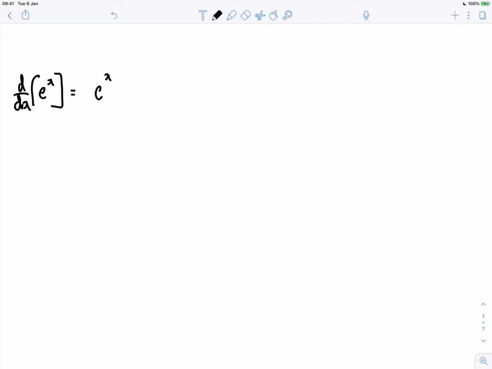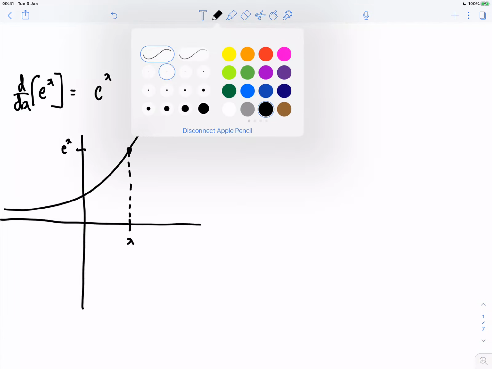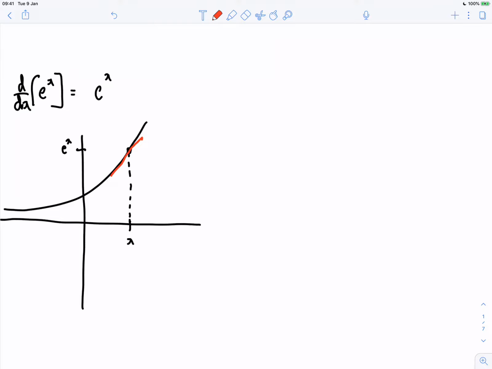by construction, we said that y equals e to the x. If this is x and this is the exponential function, then it has an output of e to the x, and we defined it such that the gradient of the tangent at that point m is also e to the x, and the area under this curve up to that point from negative infinity up to that is also having an area of e to the x as well.